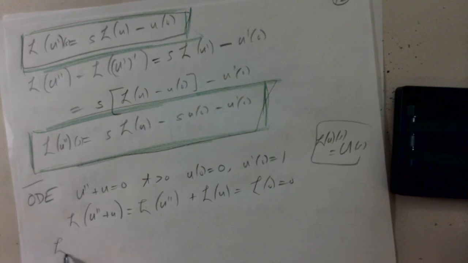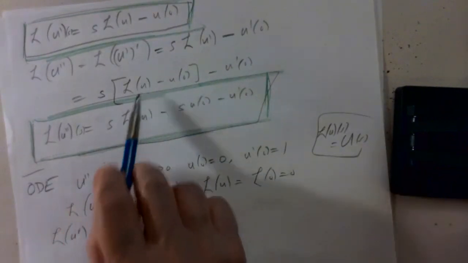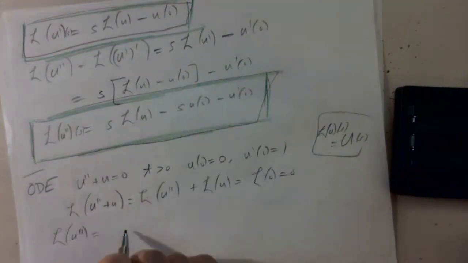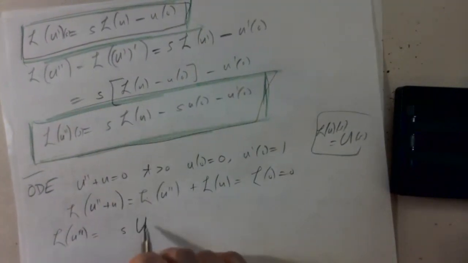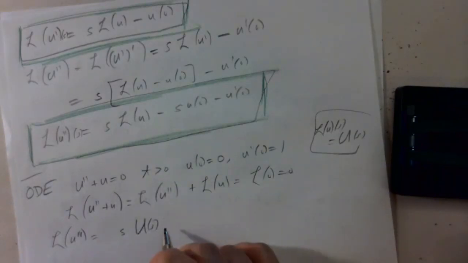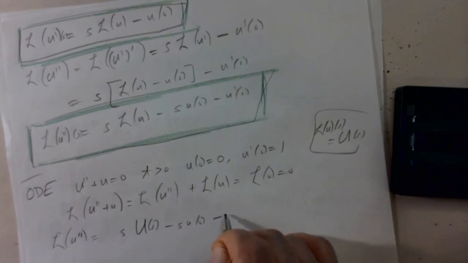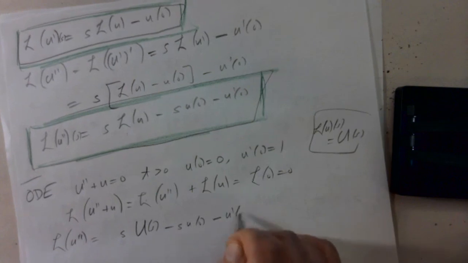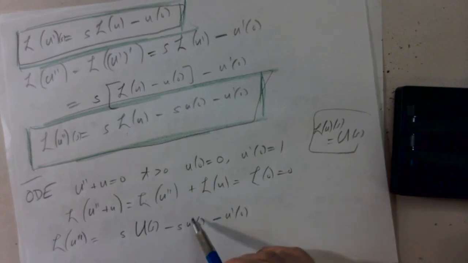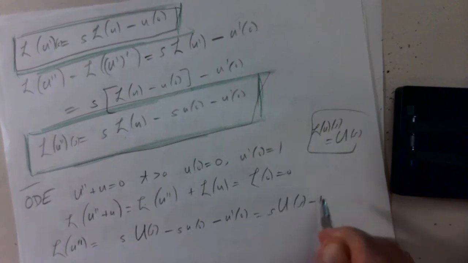But the Laplace transform of u double prime is equal to s squared capital U of s minus s u of 0 minus u prime of 0. This is 0 and this is 1, so this is s squared U of s minus 1.